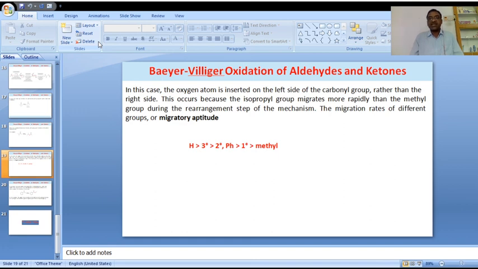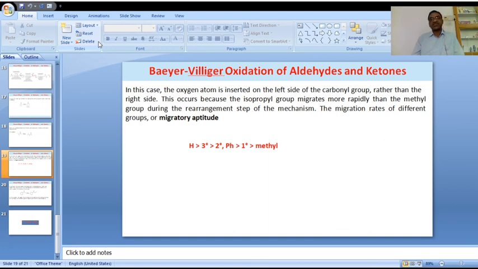These are the migration rates of different groups, or migratory aptitude, like this. This is the order: hydrogen is greater than tertiary, which is greater than secondary.